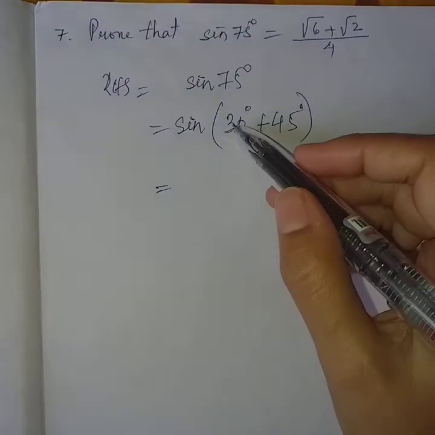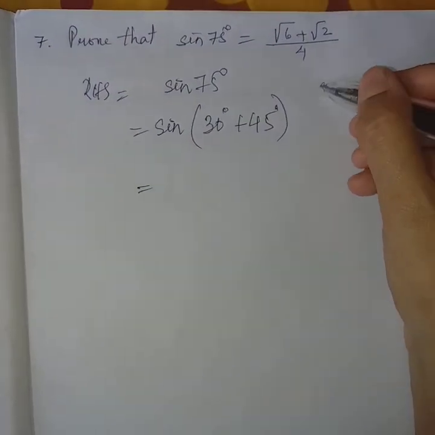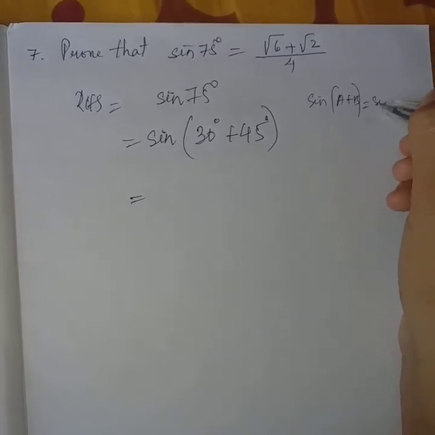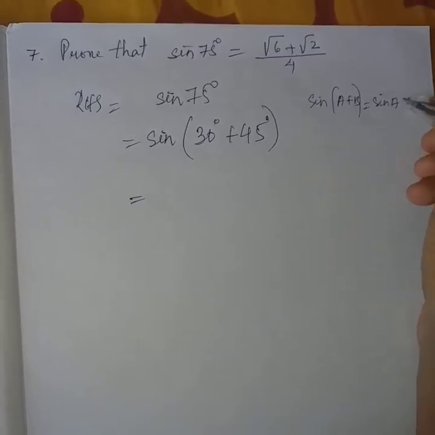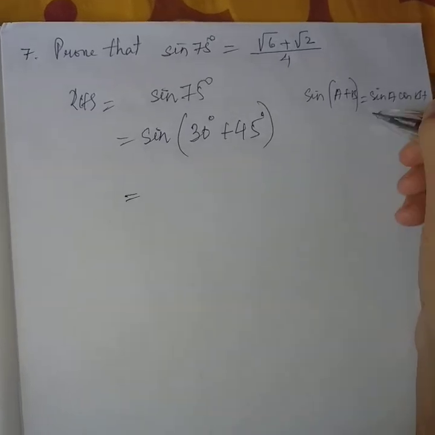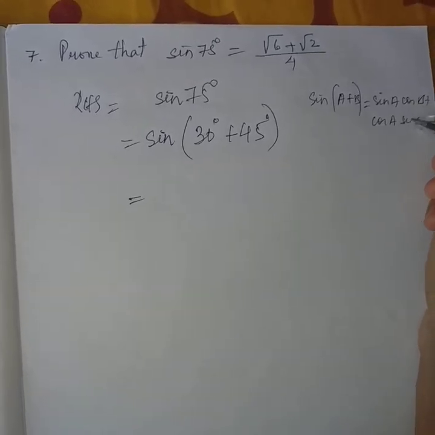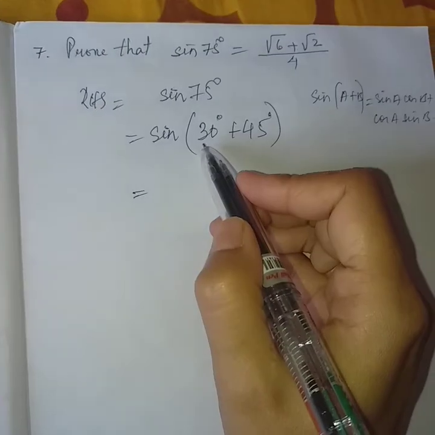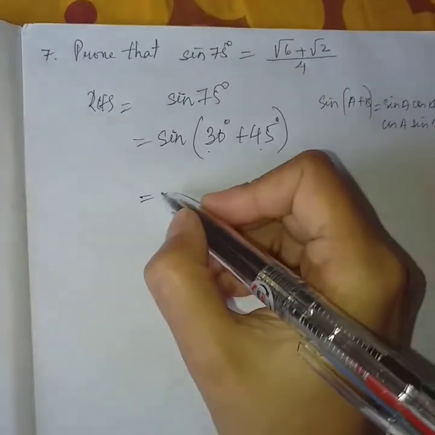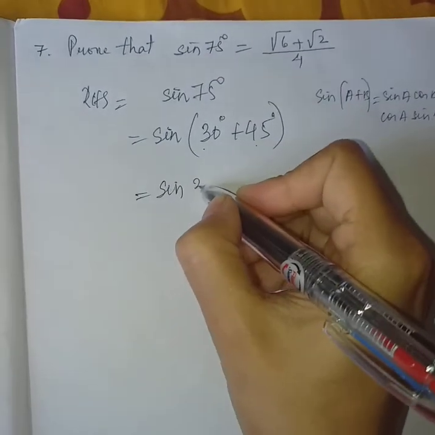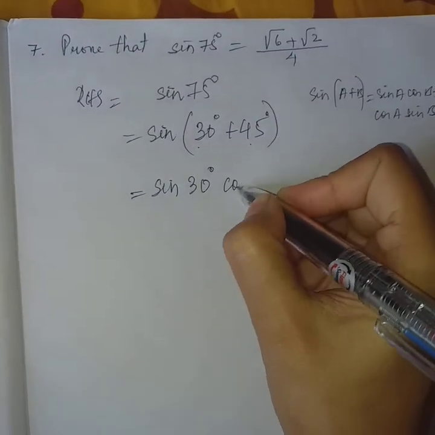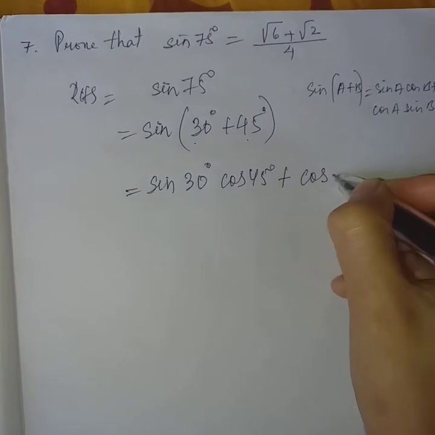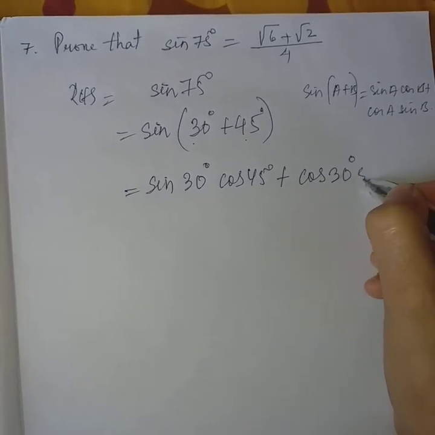So now we can apply the formula sine A plus B is equal to sine A cos B plus cos A sine B. So this is the formula we have already learned. So here A is 30 and B is 45. So sine A is 30, cos B 45, plus cos A and sine B.